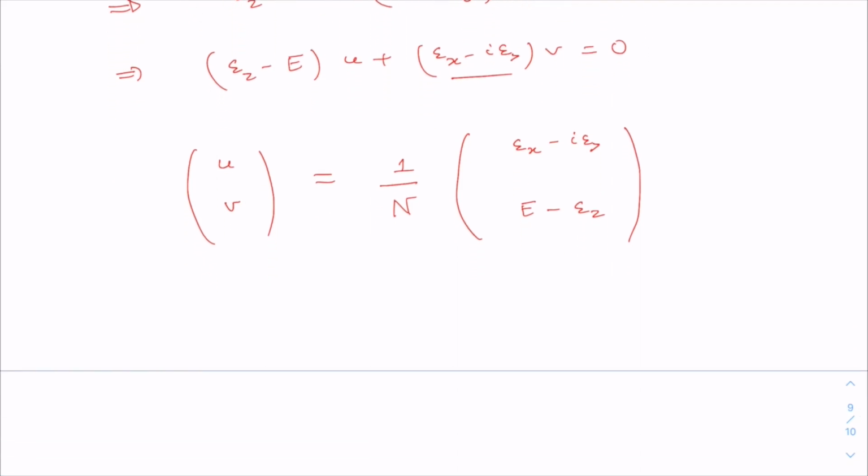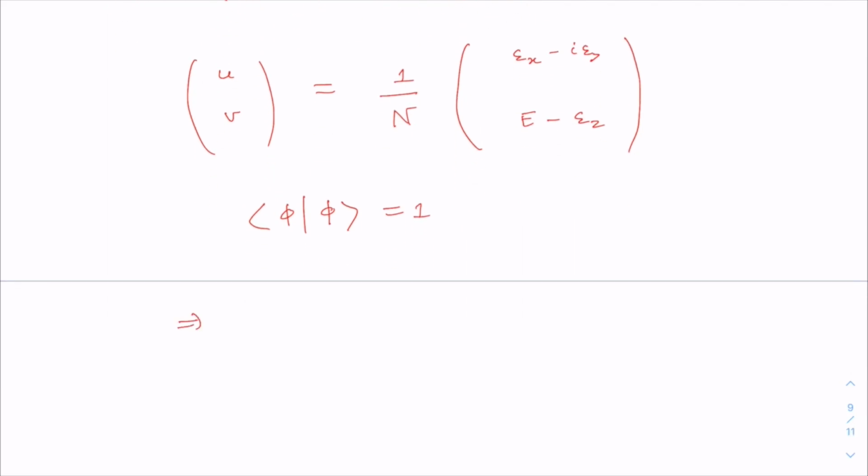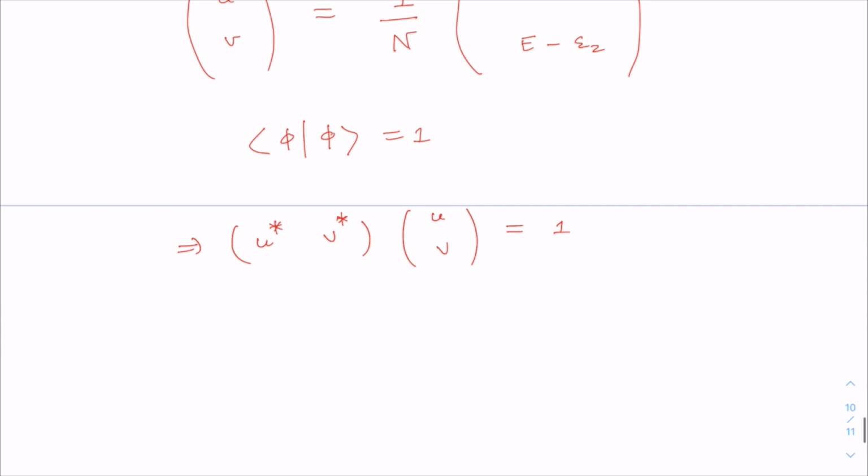Because this ket state is normalized, we have u* v*, the row matrix with complex conjugates, times (u, v) equal to 1. From here you can immediately get that the normalization parameter turns out to be the square root of (E − ε_z)² + ε_x² + ε_y².